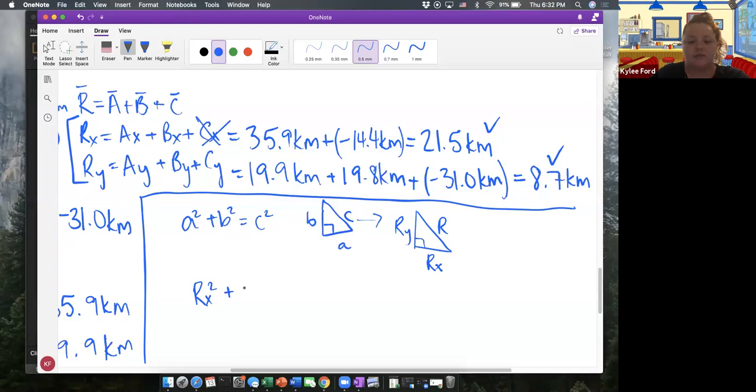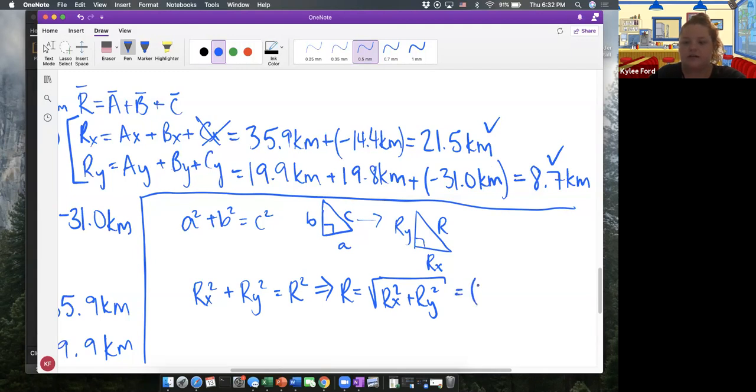B squared is going to be ry squared equals c squared. Our hypotenuse is going to be r squared. Okay, now we can solve for our magnitude. R equals the square root of rx squared plus ry squared.